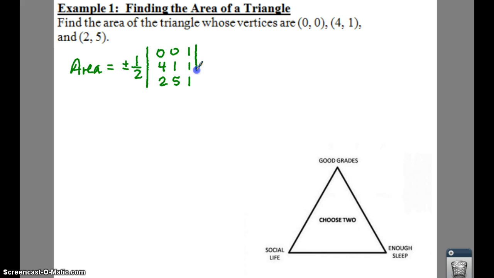So what we can do is find the determinant of this matrix. We'll call it matrix A. The best part about finding the determinant is, if you use row 1, you'd have to take your element a sub 11 times C11, plus a12 times C12, plus a13 times C13.